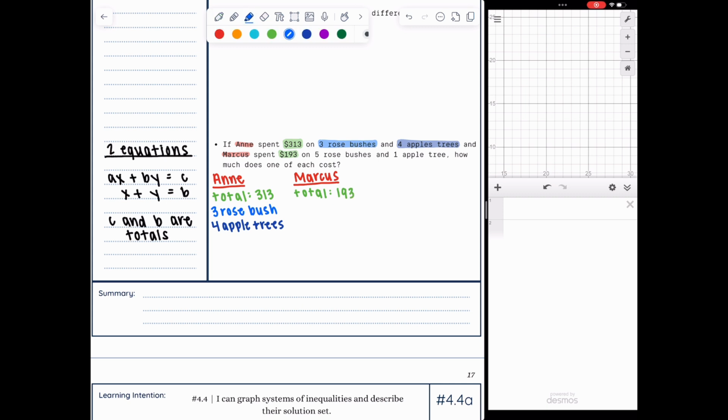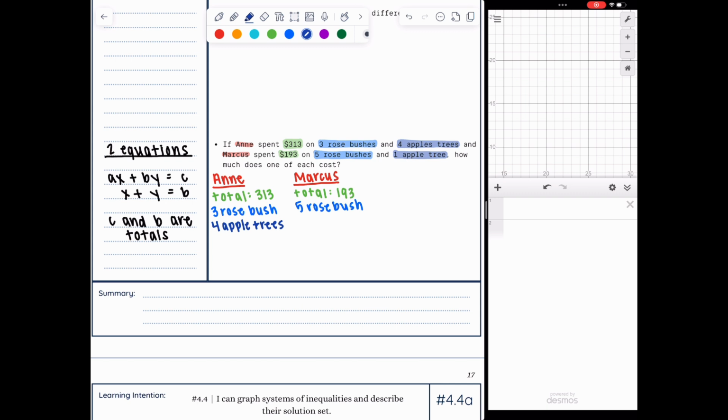If I want to figure out where that 193 came from, I need to finish the rest of the sentence. Marcus bought 5 rose bushes, but he only bought 1 apple tree. So he spent quite a bit less than Anne did, and he bought more rose bushes than Anne did. Anne bought more apple trees than Marcus did.